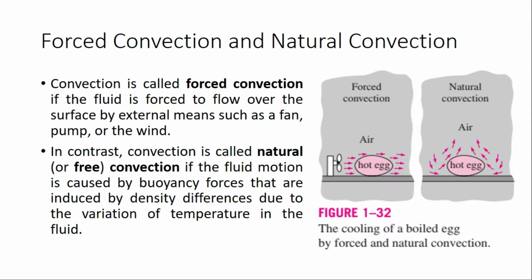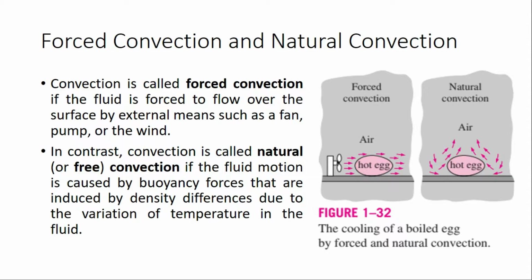Here comes an example in which we will try to understand forced and natural convection. For example, in the absence of a fan, heat transfer from the surface of the hot block, as you can see in the previous slide, will be by natural convection, since any motion in the air in this case will be due to the rise of the warmer or lighter air near the surface and the fall of the cold air to fill its place.